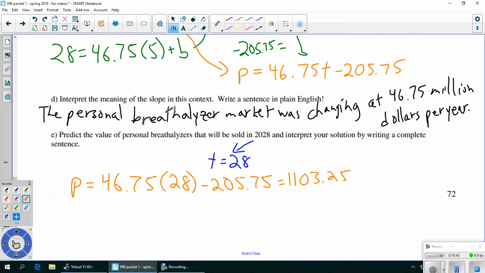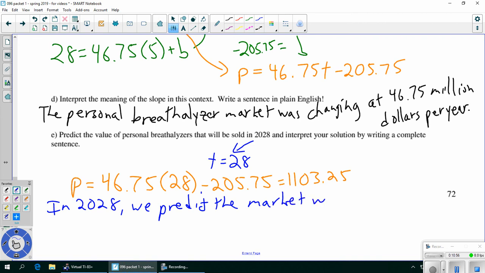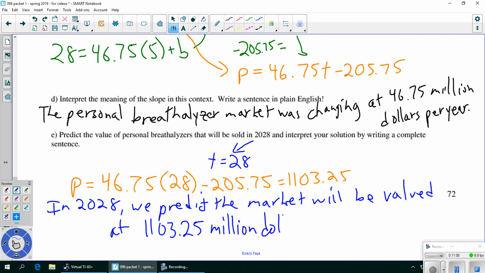So then our sentence here, in 2028, we predict the personal breathalyzer market will be valued at $1103.25 million. Got to get the word million in there.